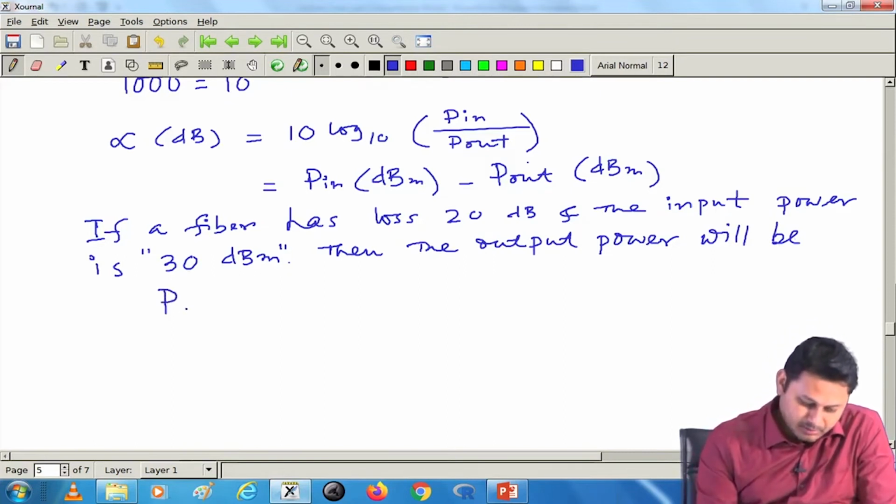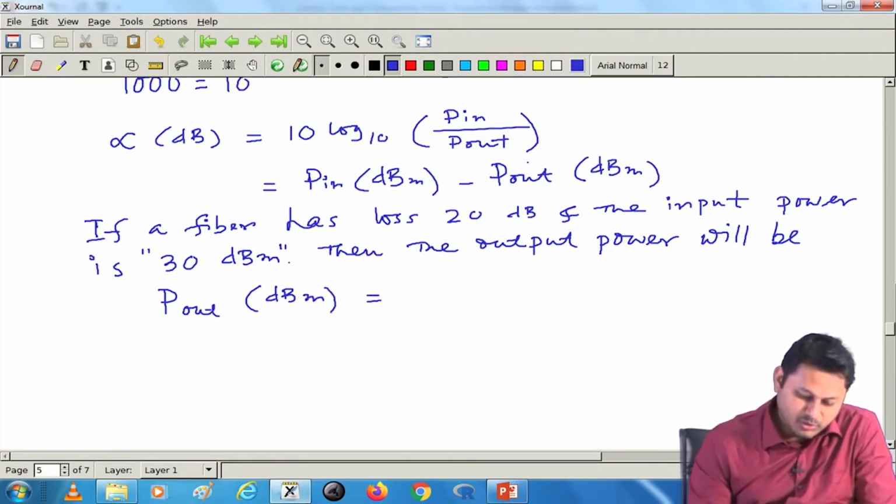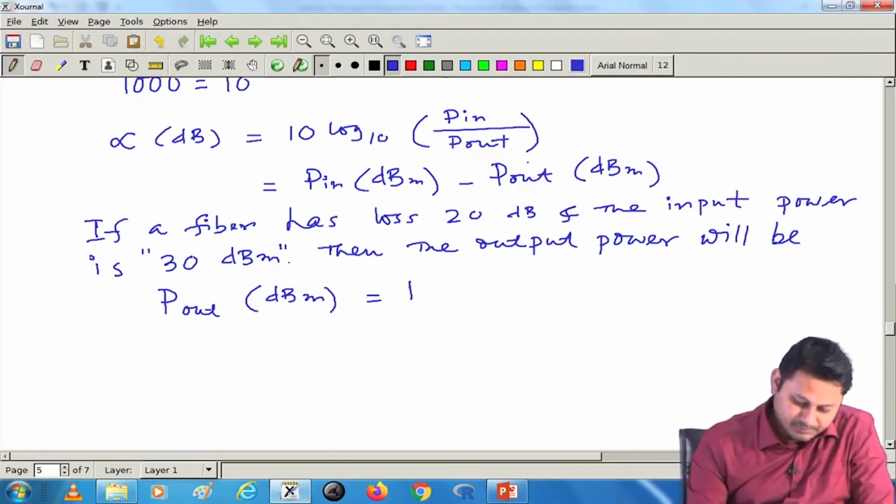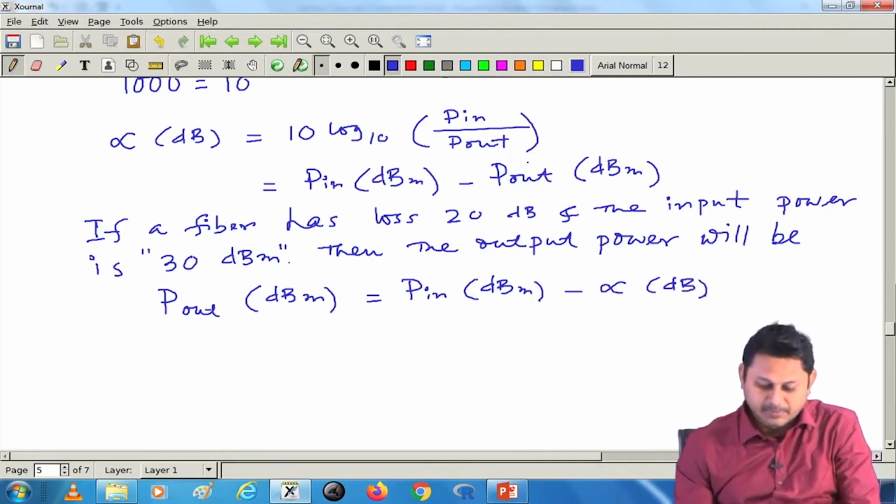P_out in dBm unit should be, using this formula, P_in in dBm minus alpha, which is represented in dB unit.